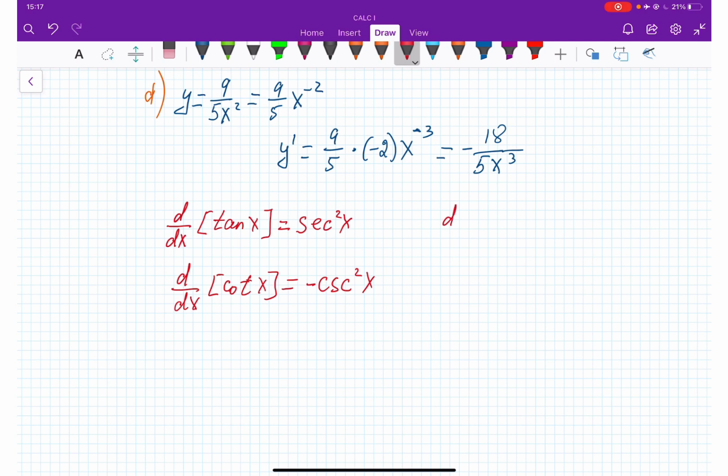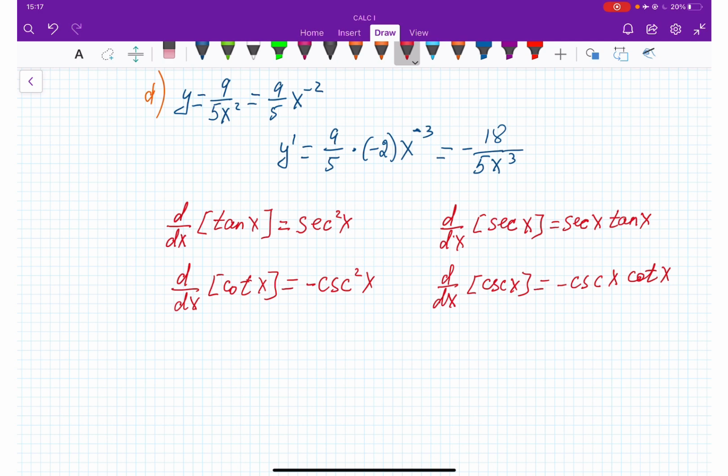Next, derivative of secant x is equal to secant x tangent x, and derivative of cosecant x is equal to negative cosecant x times cotangent x.